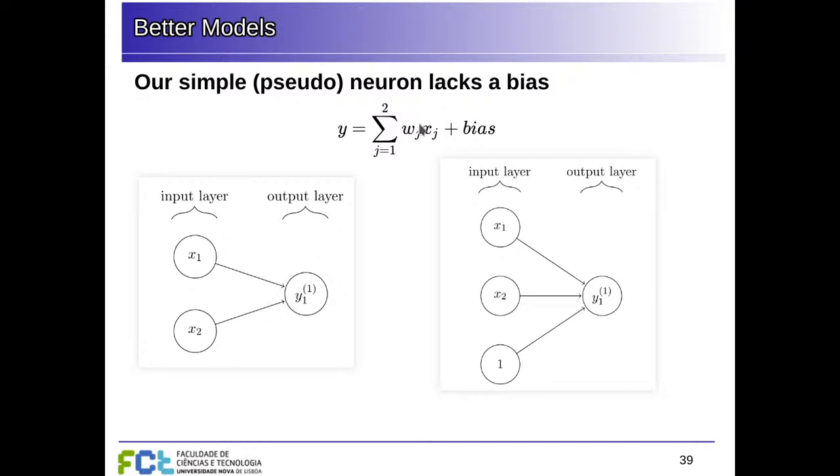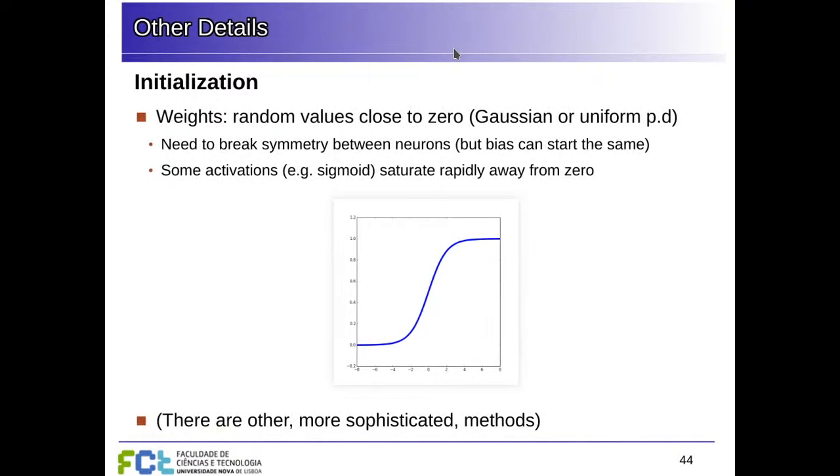If we have two neurons that are exactly the same, with the same weights, their derivatives will always be the same and they will always be updated exactly the same. So those two neurons will always be the same. If we start everything with the same value, our whole network will be composed of neurons with the same weights, and this will not work because they will always be synchronized.